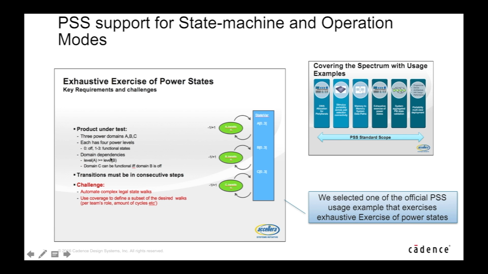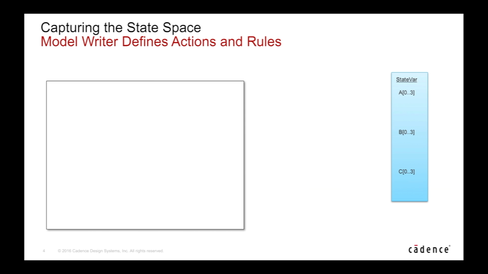This is part of the requirements, and we want to be able to make legal transitions, maybe exhaustive transitions. We may want to activate traffic, but of course you don't want to activate traffic if the power state is off, etc. And we want to do coverage for that. This was one of the official use cases that will be provided with the standard as well.